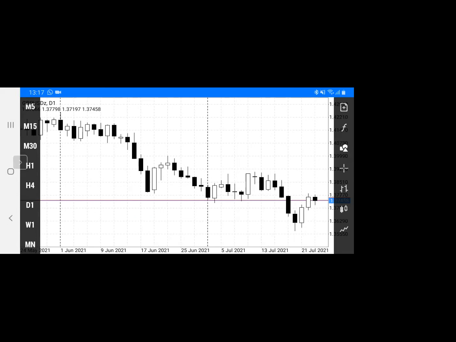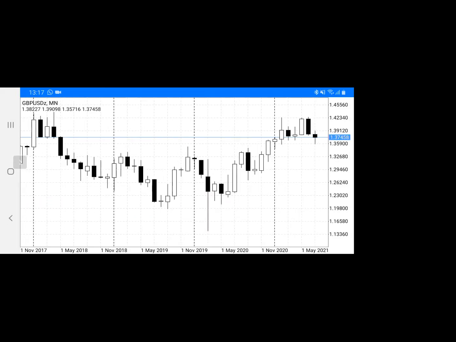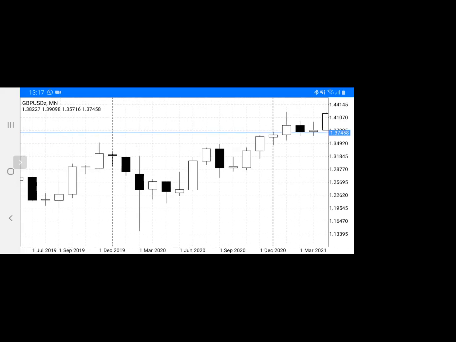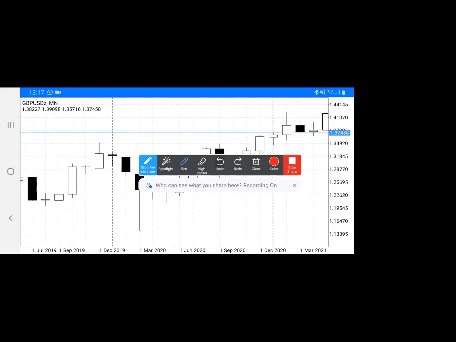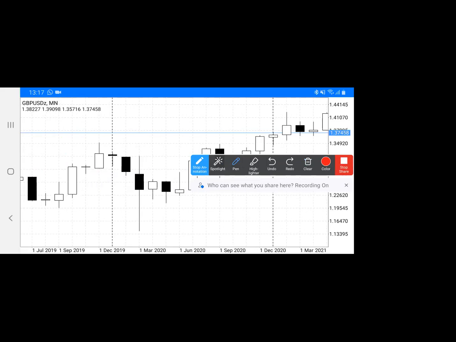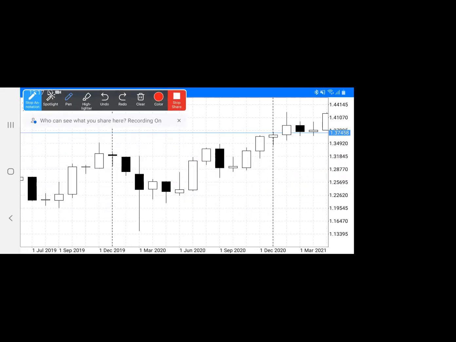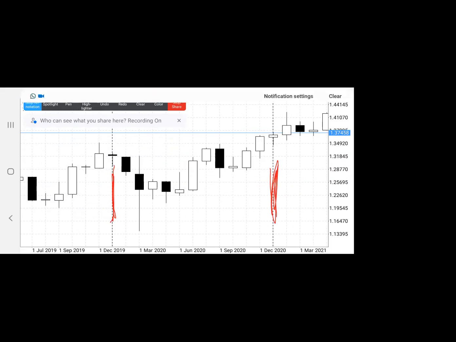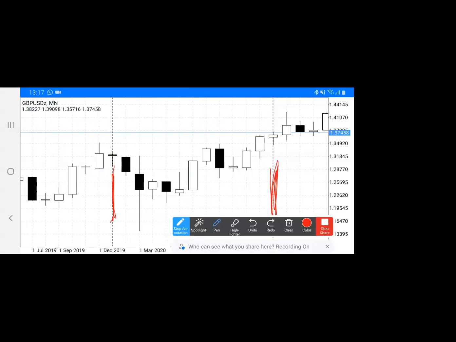Just to put that in context, I like to show people the monthly chart because it makes it easier to understand. If you look at this section here, in between this dotted line and this dotted line. First things first, we are looking at the monthly chart, so each candle represents 1 month.